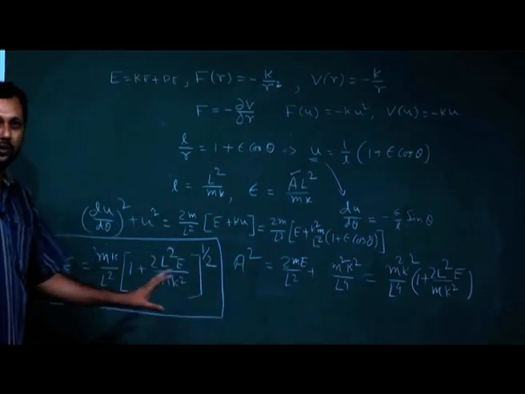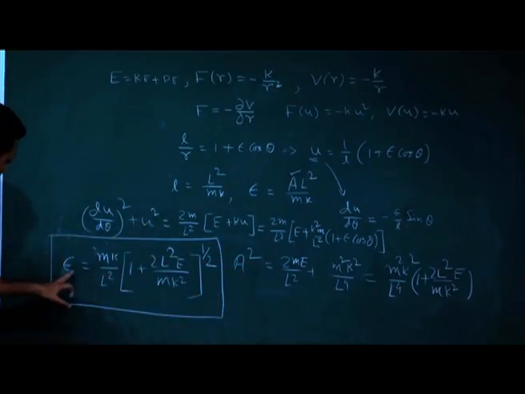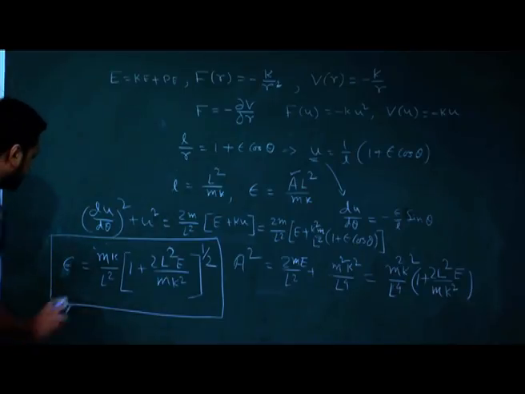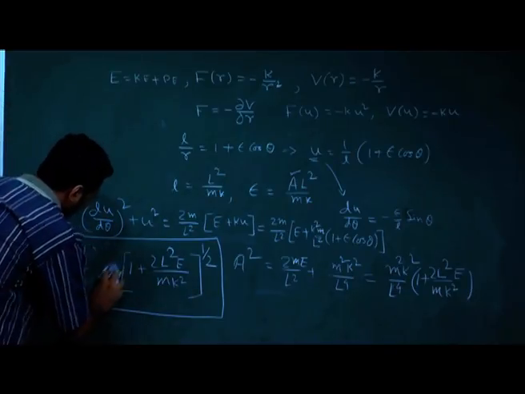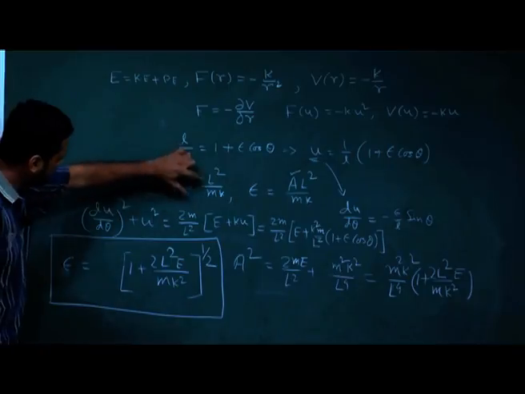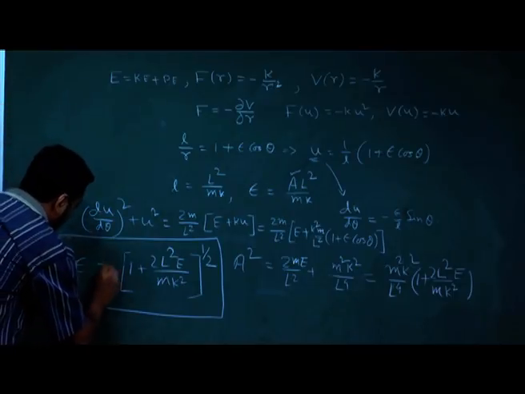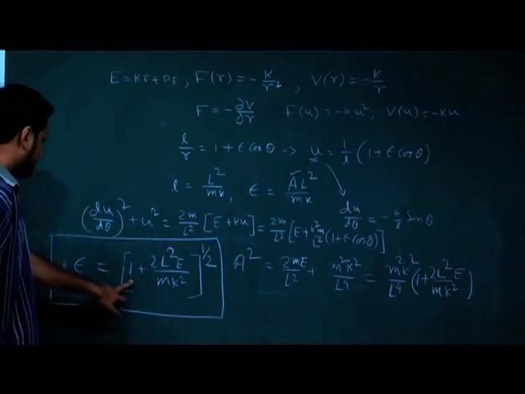It is also worked out in many of the books. This will be the final expression for epsilon. Let me just check it once again. No, sorry, not this. It will be simply this. I think it will cancel out with this one, leaving behind epsilon.